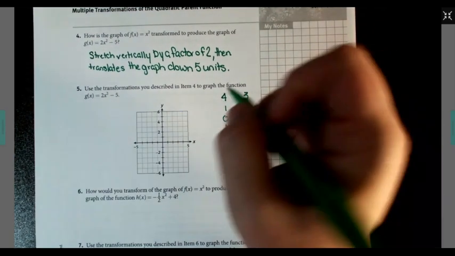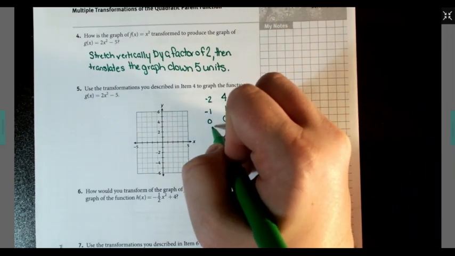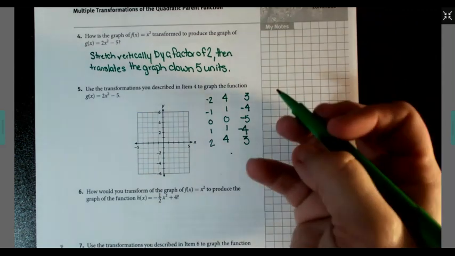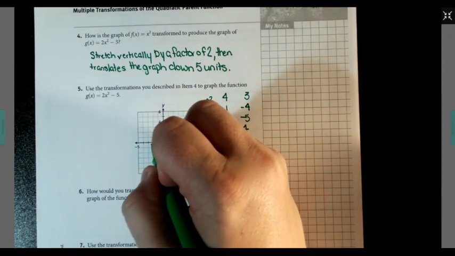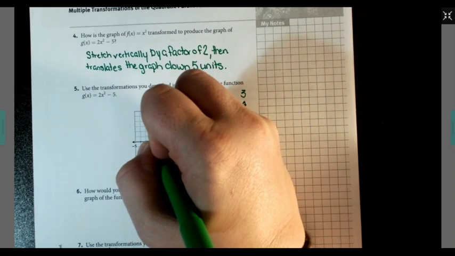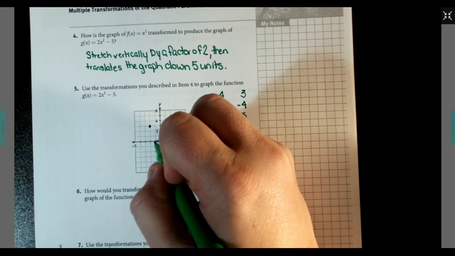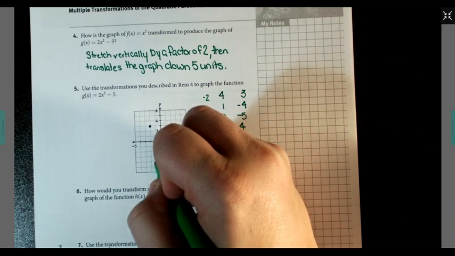So we have a point. Remember that this was negative 2, negative 1, 0, 1, and 2. So we have a point at negative 2, comma 3. We have a point at negative 1, comma negative 3.